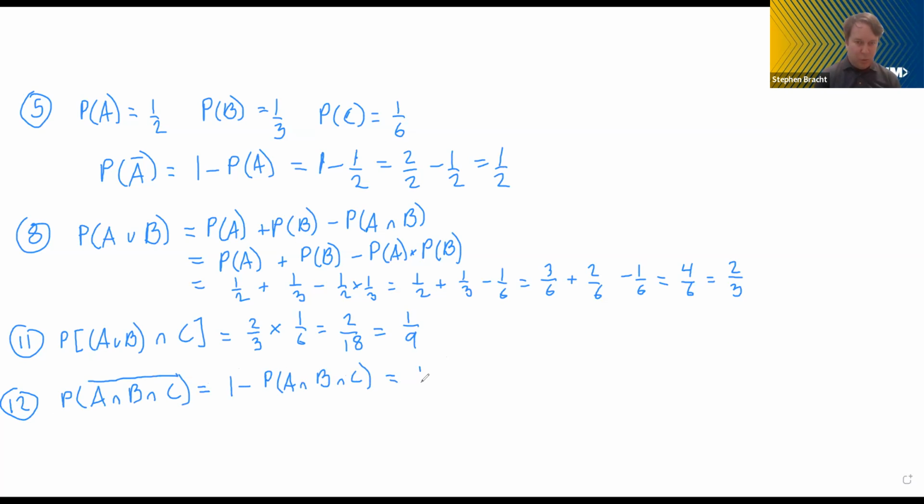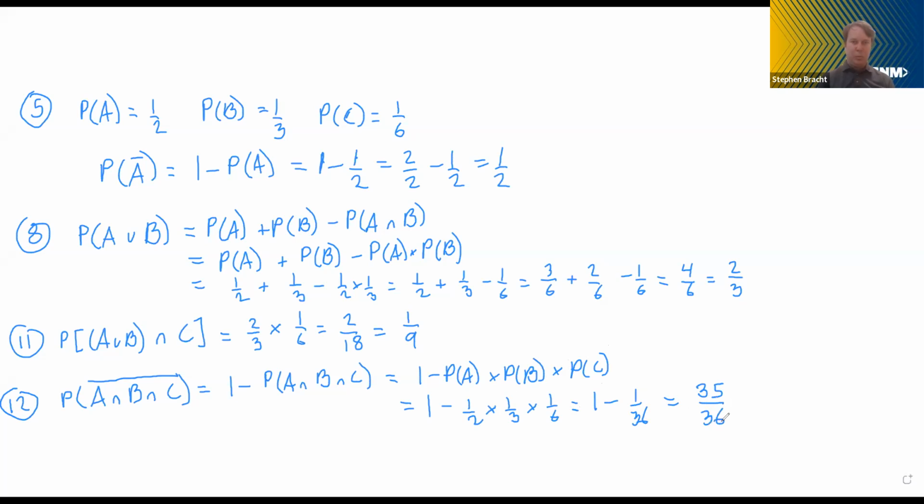So I've got 1 minus P of A times P of B times P of C, which equals 1 minus 1/2 times 1/3 times 1/6, which equals 1 minus 1/36, or that ends up being 35 out of 36.